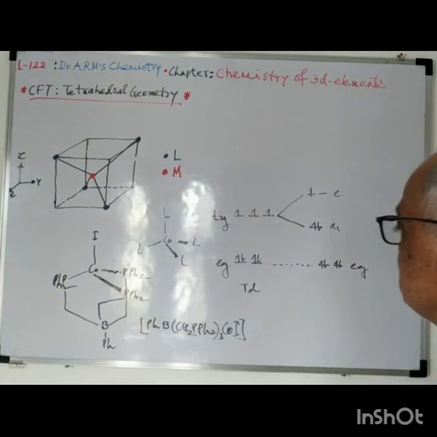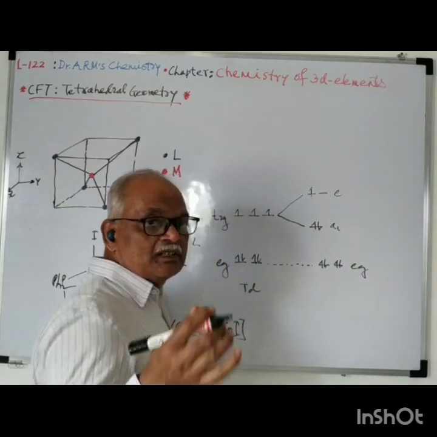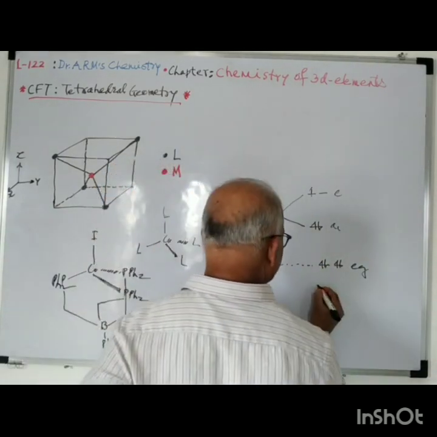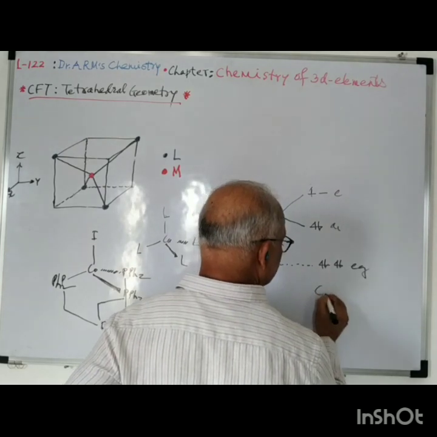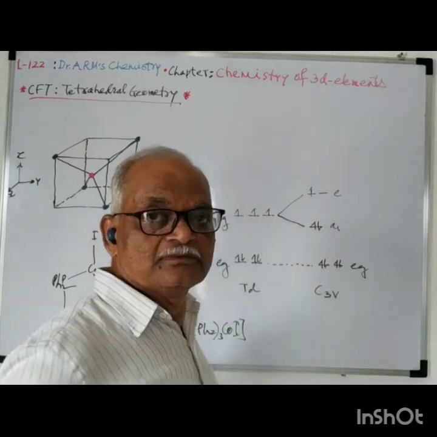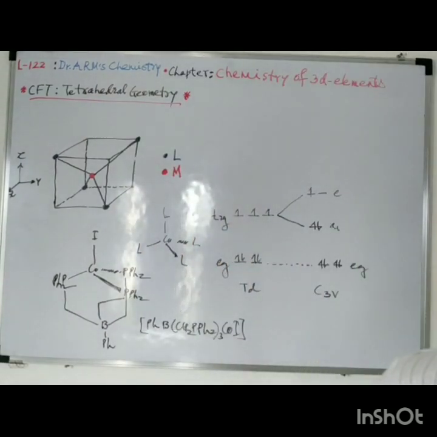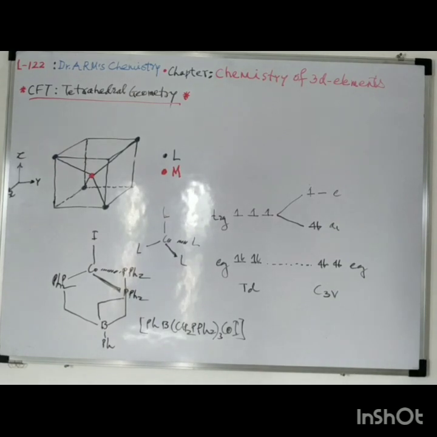So this distribution shows the change in geometry, and the resulting structure has C3v symmetry.